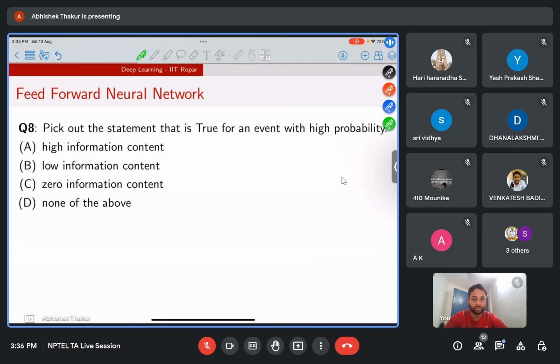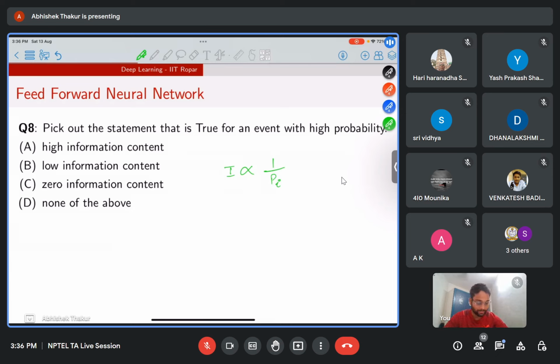This information is known to everyone and does not have much information content. So there is one relation: information content is inversely proportional to the probability.